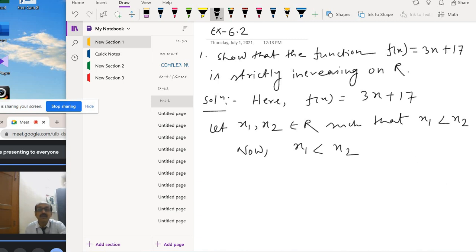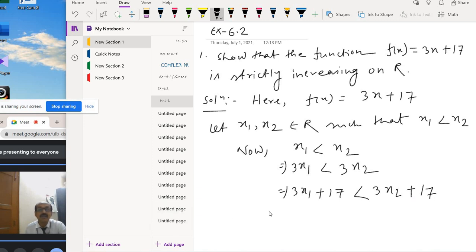Okay, so the function is 3x plus 17. Multiply both sides by 3. So 3x1 less than 3x2. Now add 17 on both sides. That is 3x1 plus 17 less than 3x2 plus 17.